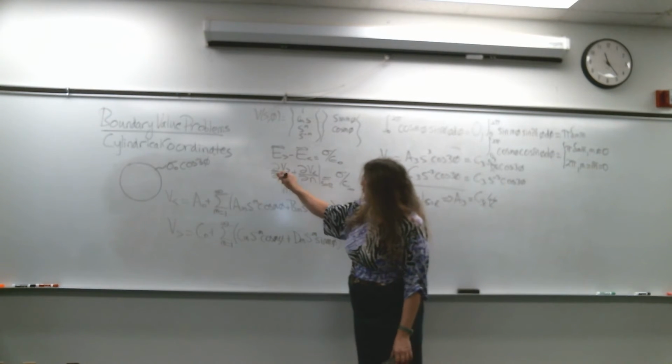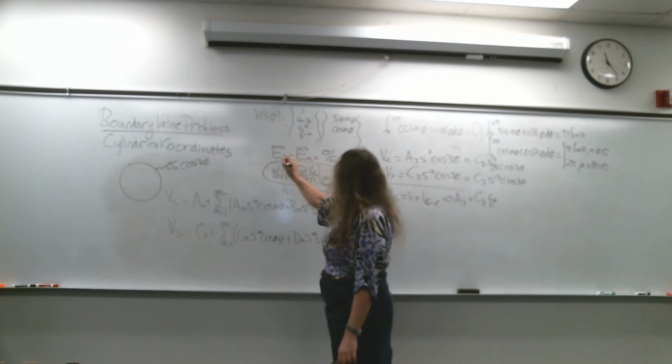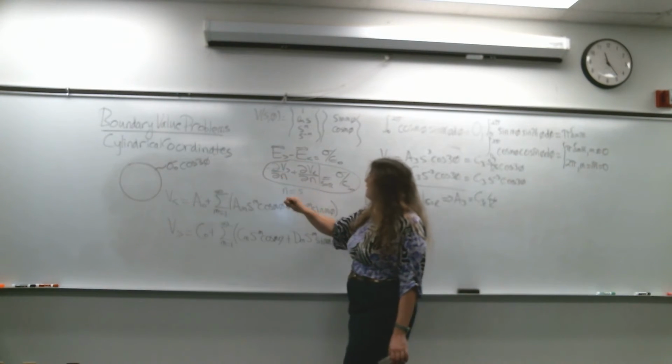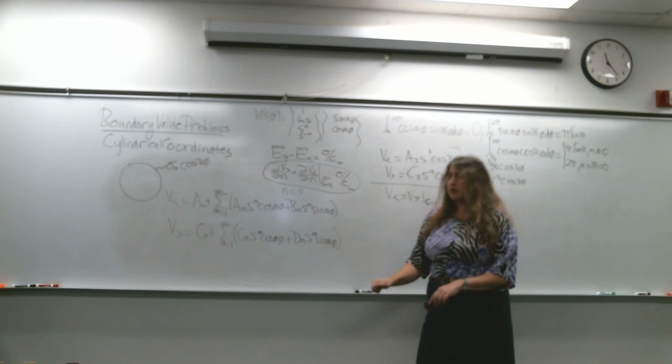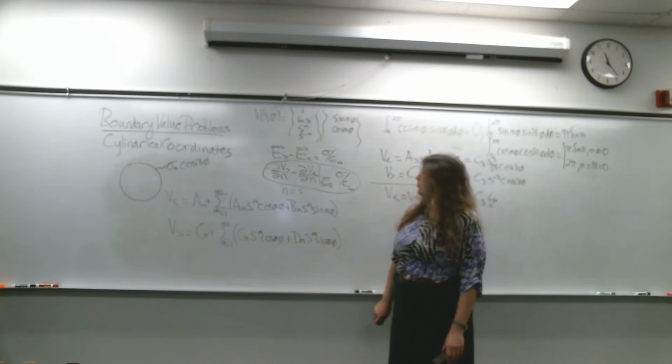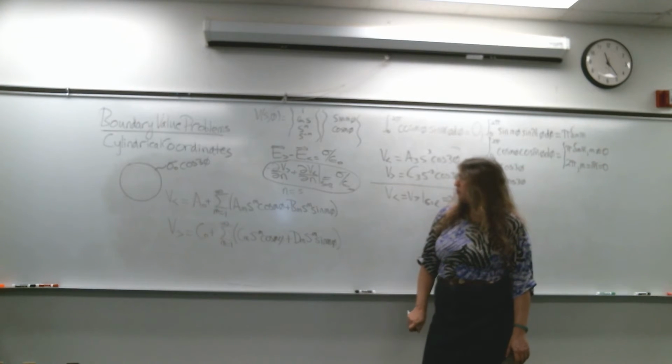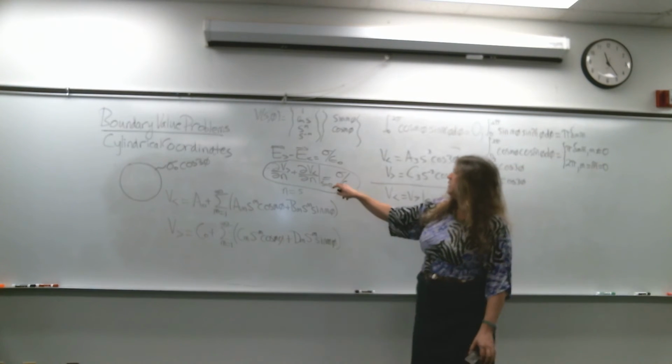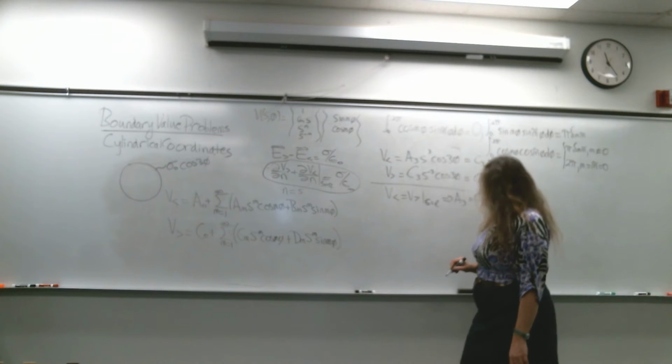Our boundary condition is going to be minus the partial derivative of the exterior solution with respect to S, plus the partial derivative of the interior solution with respect to S, evaluated at the radius, is equal to sigma over epsilon naught.